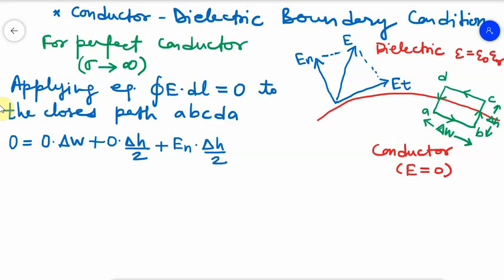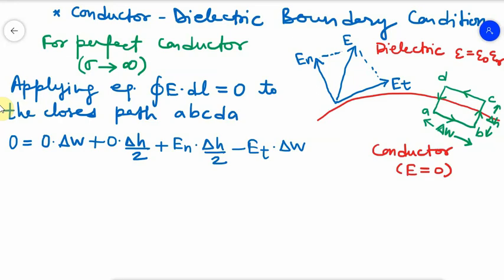Then we move from C to D. It is along the horizontal component, but the direction is opposite, so we take minus Et dot del W. When we come to DA, the upper half lies in the dielectric region, and it is along En, but the direction is opposite.